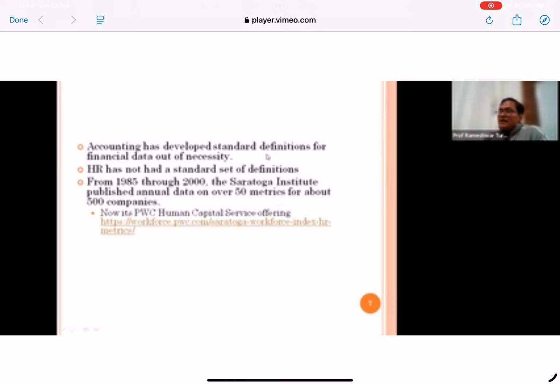There is an institute called the Saratoga Institute, which is very popular in HR metrics. This institute was founded by a professor in 1985, and they have calculated a lot of metrics. Now it is acquired by PwC, and it is called PwC Human Capital Service Offering.